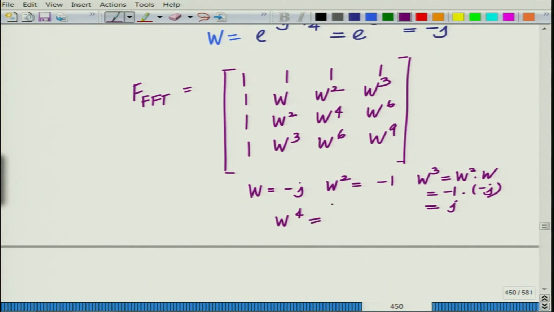W4 is a fourth root of unity, so W4 is naturally equal to 1. W6 equals W4 into W square, which is minus 1. W cube we have already seen. W9 equals W8 into W, where W8 is 1, so W9 is basically minus j.